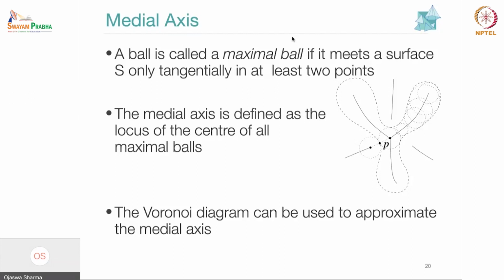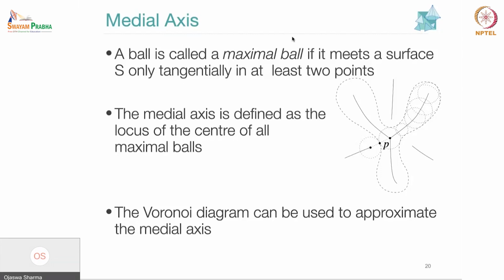It touches the shape tangentially, right? So you can see that I have drawn a lot of circles here that are maximal balls. All of these balls touch the shape tangentially at 2 or more points, and the medial axis is then defined as the locus of the centers of all maximal balls, right? Does that make sense?